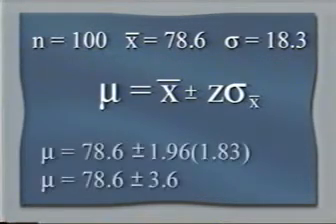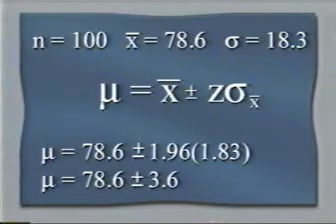And therefore, we can obtain an estimate on the population mean mu equal to 78.6 plus or minus 1.96 times 1.83. We can say that the average life of this 9-volt battery, based on our sampling process, is 78.6 minutes plus or minus 3.6 minutes.